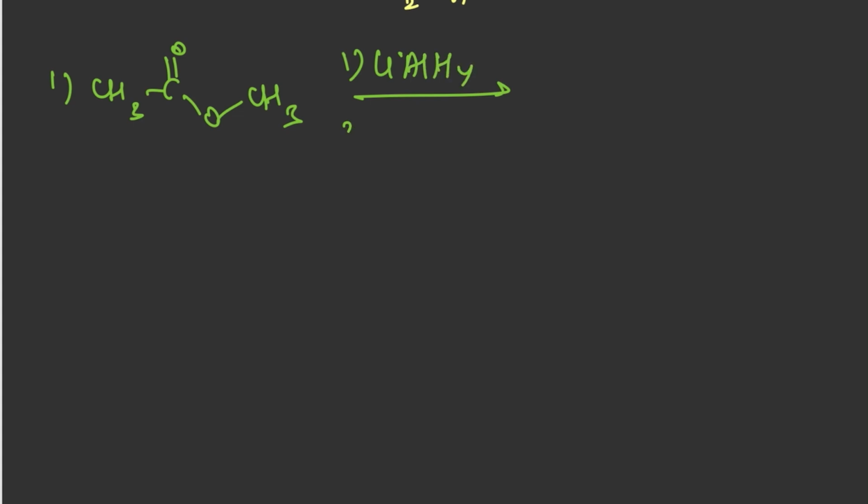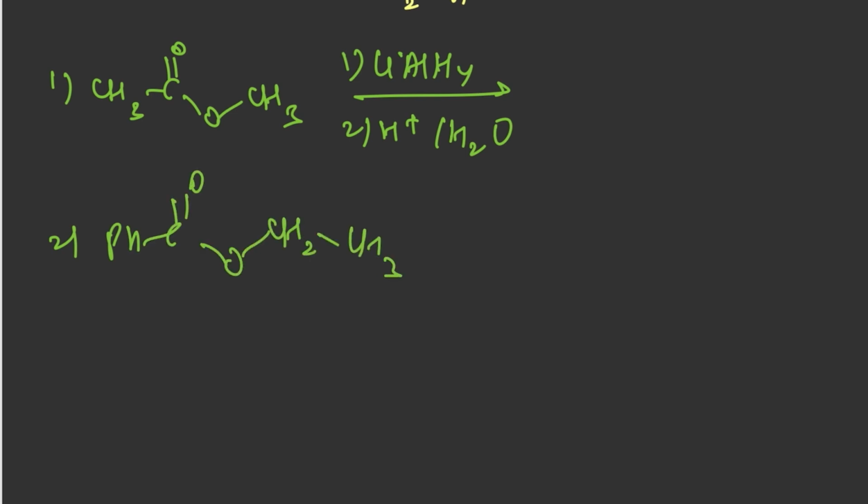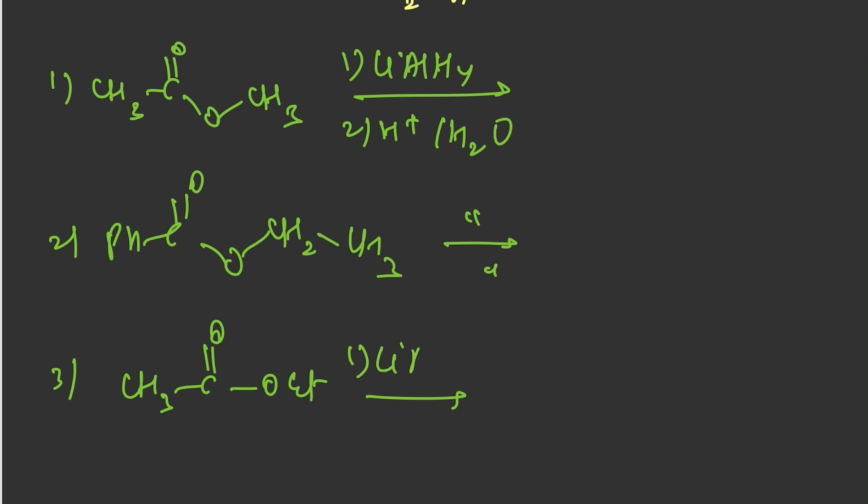First we have CH3 ester reacting with first LiAlH4, second H plus H2O. Second we have PhC=O, CH2 and CH3, again the same reagent. Third we have CH3 ester with LiAlD4, second H plus H2O.